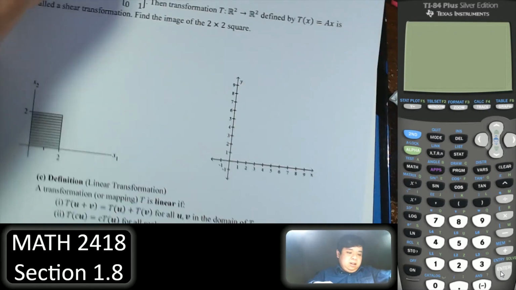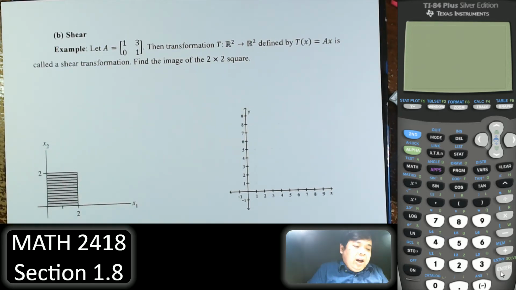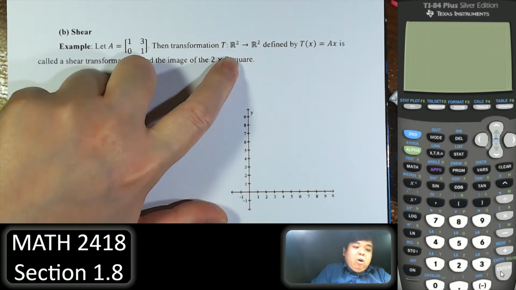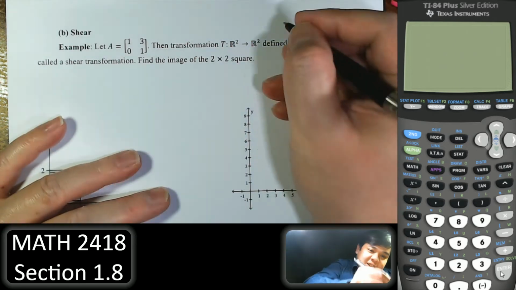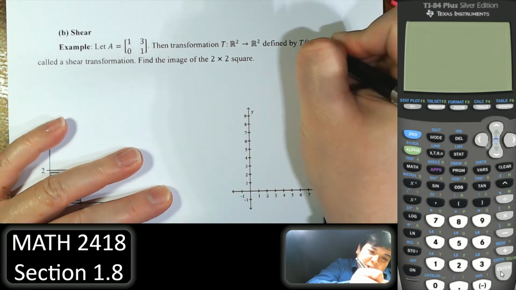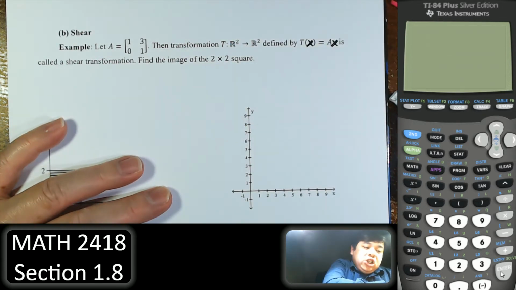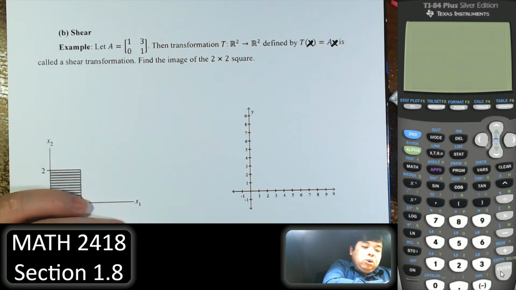Next, we have a shear. Let A be the matrix 1, 3, 0, 1. The transformation from R2 to R2 defined by this, T of a vector x, is called the shear transformation. Find the image of a 2 by 2 square.